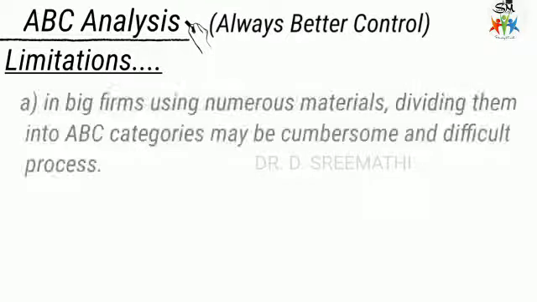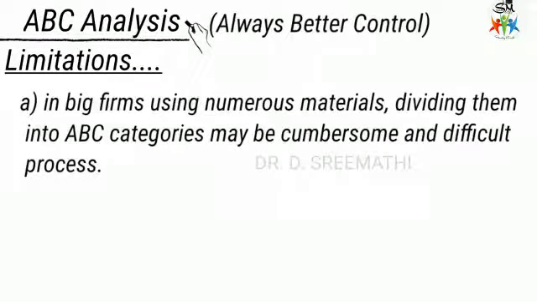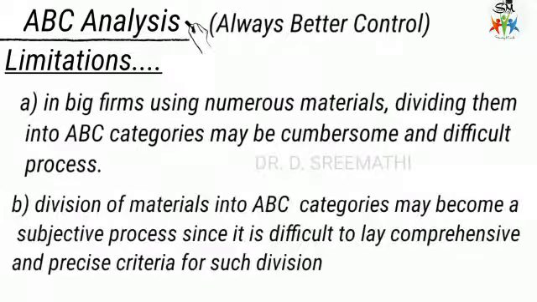That is, in a big firm, using numerous materials and dividing them into ABC categories may be cumbersome, and it is a difficult process. The next limitation is that division of materials into ABC categories may become a subjective process, since it is difficult to lay down comprehensive and precise categories for such a division.